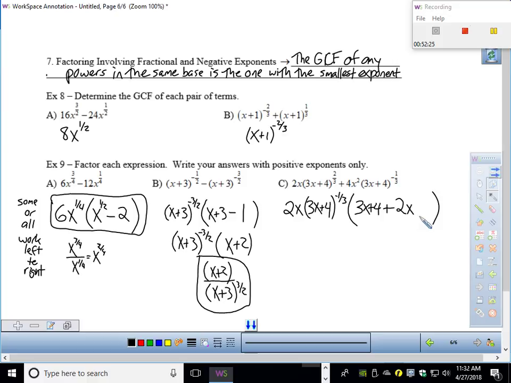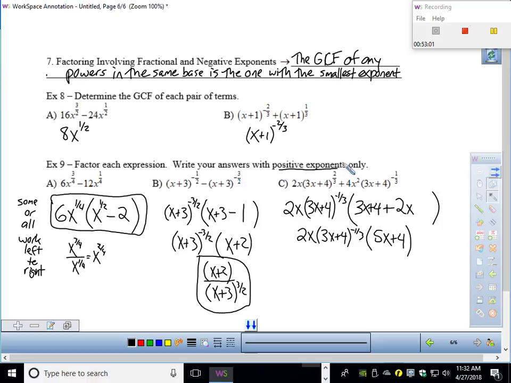And now, everybody, we just play cleanup. So I have 2 times x times 3x plus 4 to the negative 1/3. And if I clean up inside the parentheses, just combining like terms, 5x plus 4. Is the answer good? Yes. Is it perfect? Well, not according to the instructions.